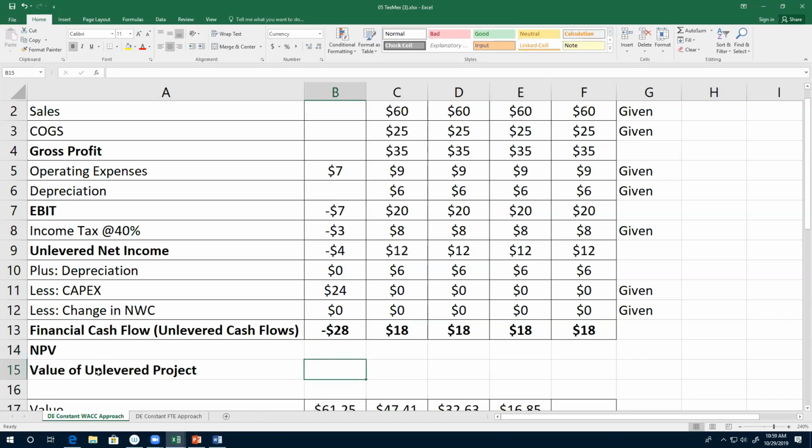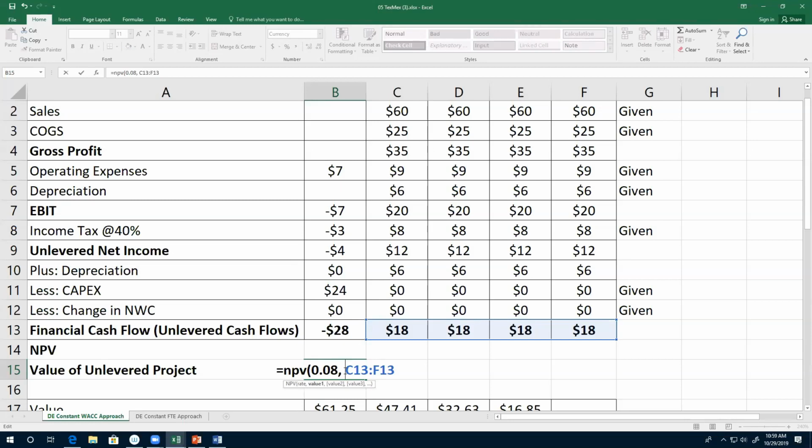The value of the unlevered project would basically be, you do the NPV. You take your financial cash flows, and the rate at which you're going to discount them would be 0.08, which is the cost of unlevered equity.